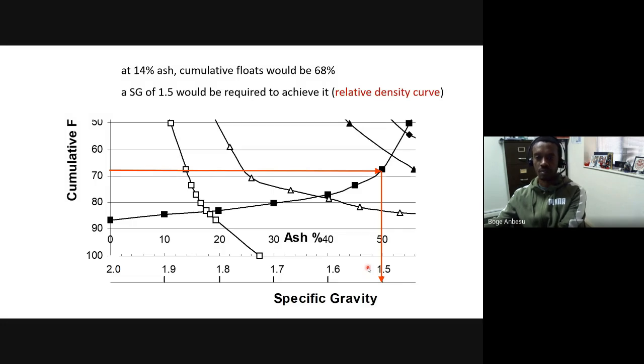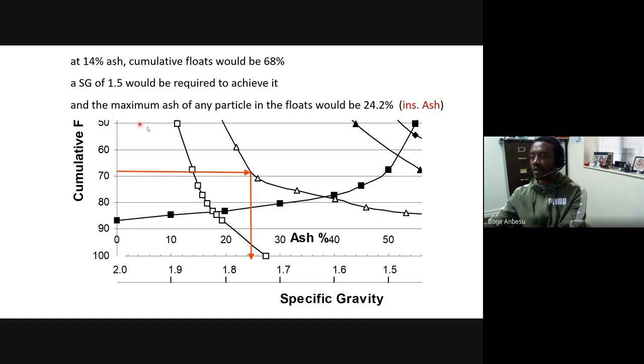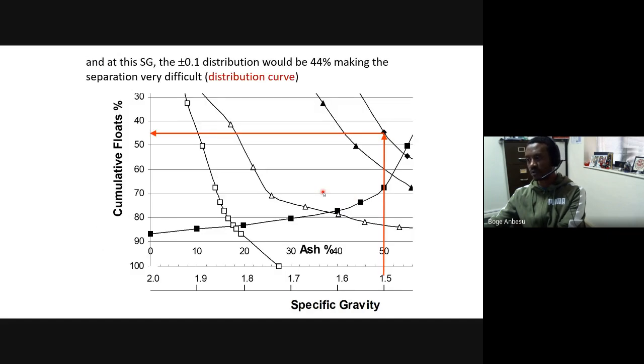Okay, so that's the media that I'm going to prepare. And again, that is the total ash percent expected, but what is the maximum that any particle can have? In that 14% ash, some particles in this case can have a maximum of 24% ash in them, but the average is 14%. That is read from the instantaneous ash curve.